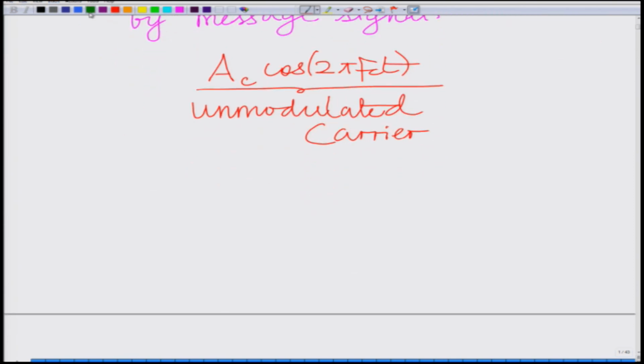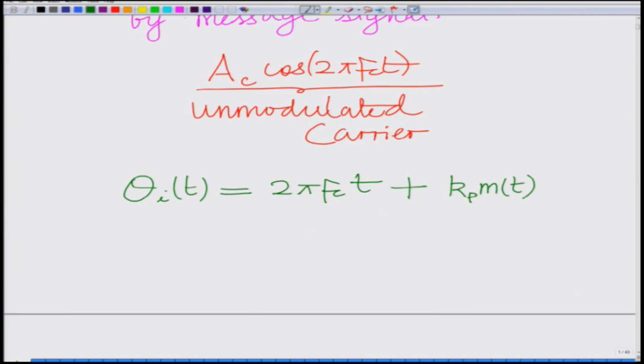If I take the phase, theta_i of t, and modulate it as follows: this is the unmodulated phase, 2 pi f_c t, plus now modulated using a message signal, m(t), where m(t) is the message signal.